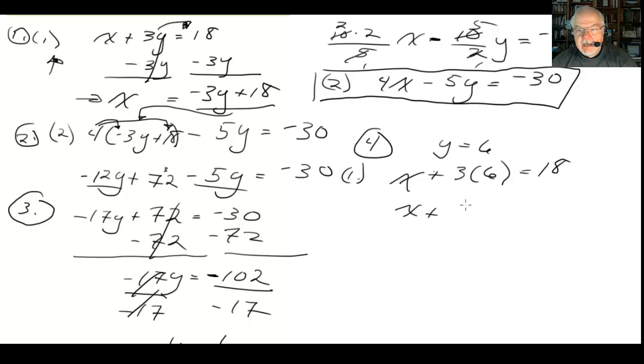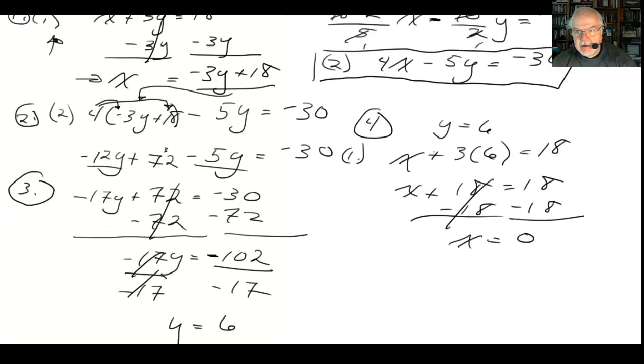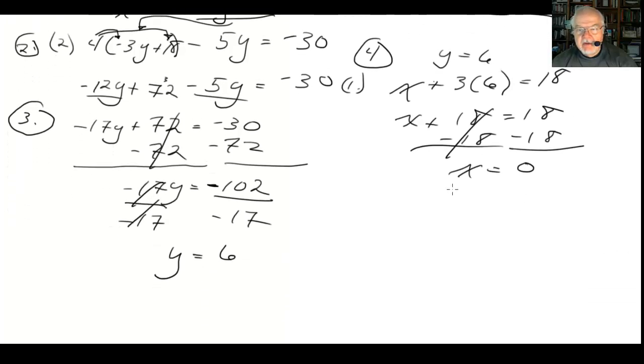So that's x plus 3 times 6 is 18 equals 18. Subtract 18 from both sides, and this disappears. I get x equals 18 minus 18, which is 0. So I have an answer of x equals 0, y equals 6.